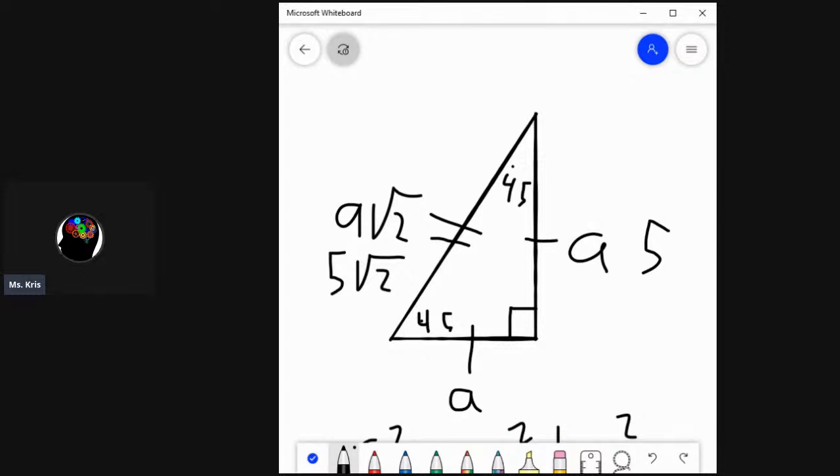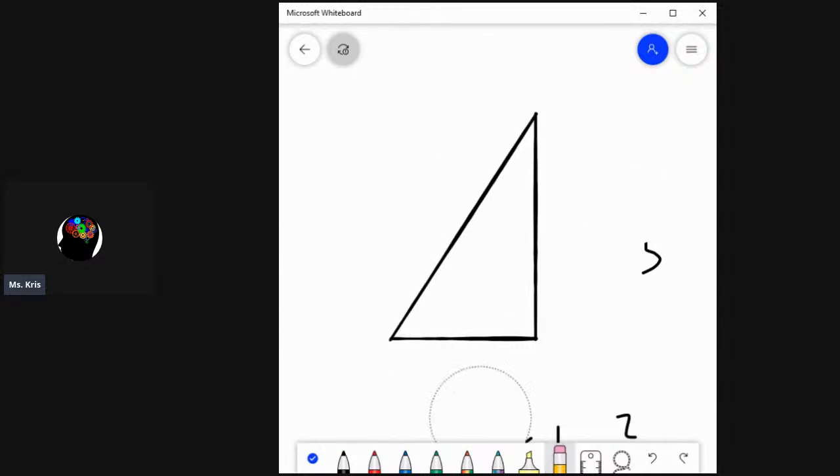Now, what if we have our triangle still, and we know that it's a 45, 45, 90, but I have my hypotenuse, and my hypotenuse doesn't have a square root of 2. It's a whole number. How do I find that answer?